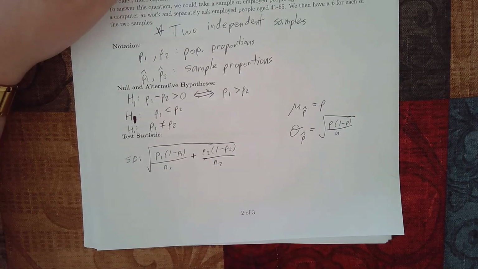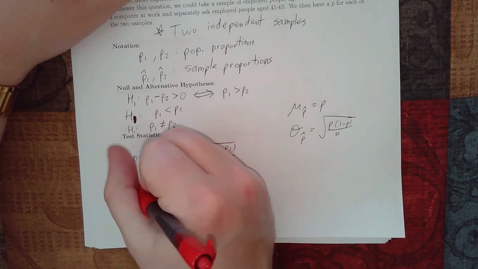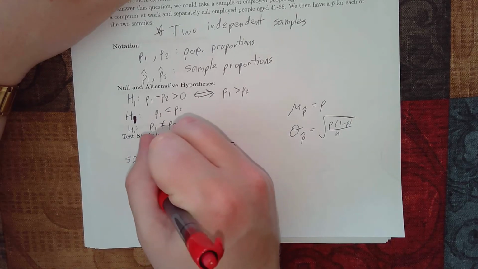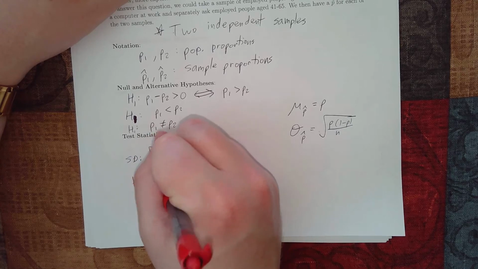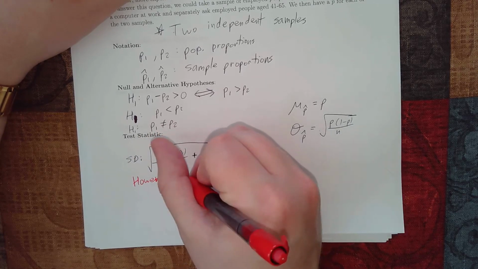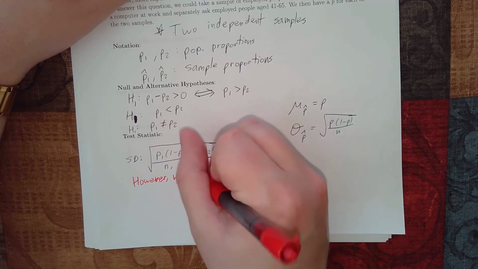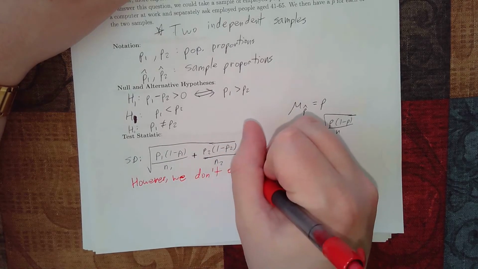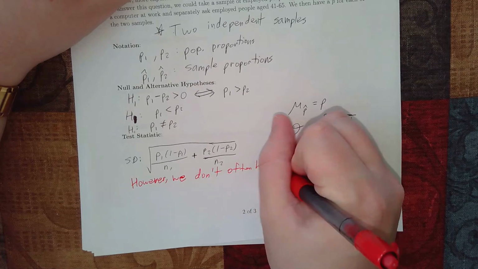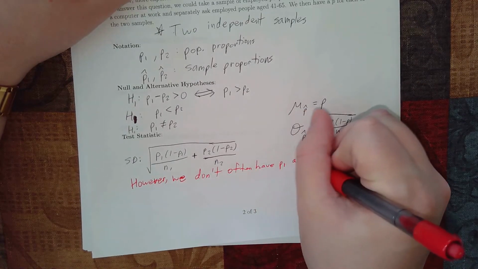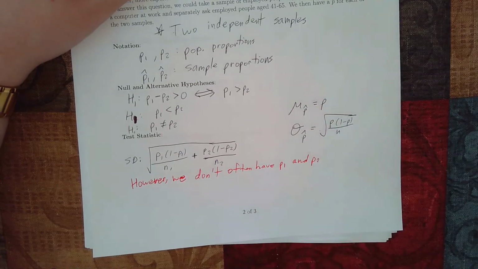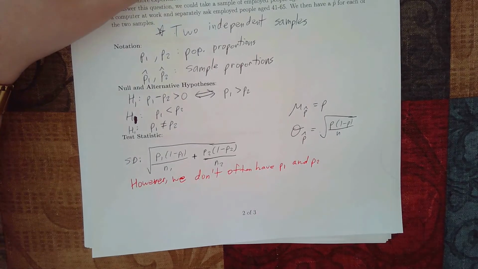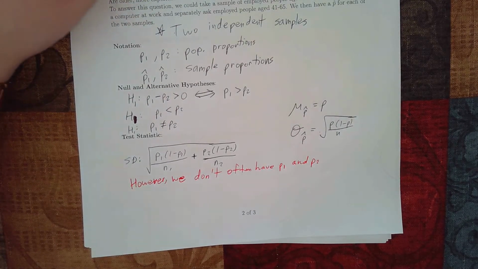However, we don't often have P1 and P2. We don't have knowledge about the overall population. We just know what our information is for our samples.